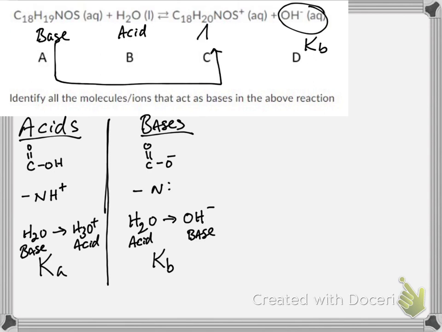And if that's a base, then its conjugate acid must be there. We also know that it's an acid because it has a positive charge. So that was another indication for the identity of all of the bases. So the bases have to be A and they have to be D.